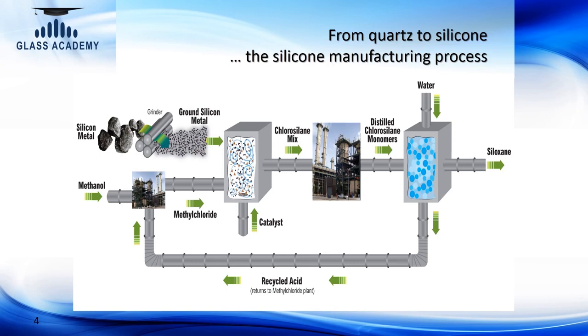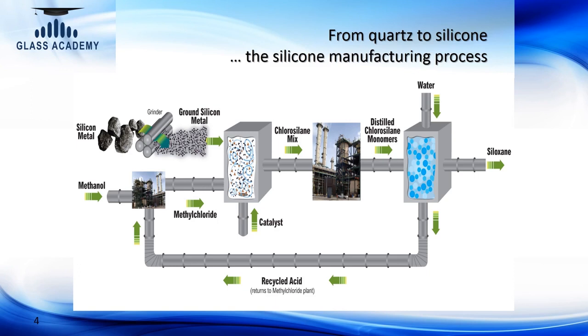It starts from the silicon metal like a lump, which is then ground to form ground silicon, and this is then reacted with methyl chloride, and with a catalyst it gets converted into a chlorosilane mix. This is then distilled according to the melting points and boiling points through the distillation column, and the byproduct coming out can be recycled, and the main product which comes out of this is a siloxane polymer.